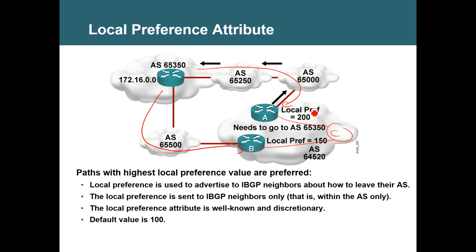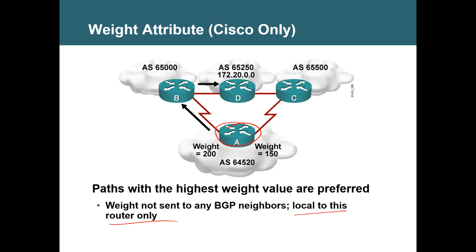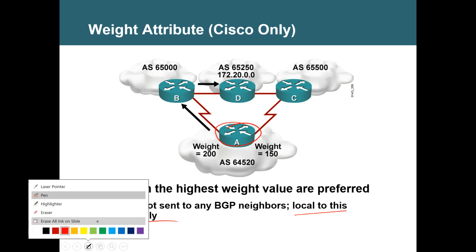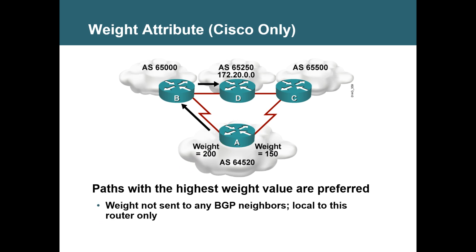It informs everyone that A is the best exit. Whereas here, that will be kept local to the router, will not be sent to anyone, neither IBGP nor EBGP.